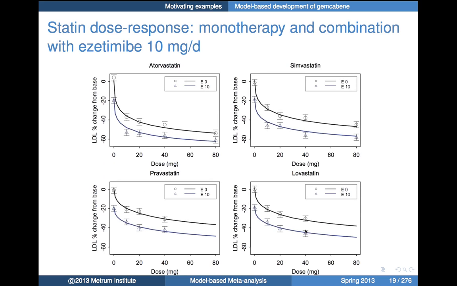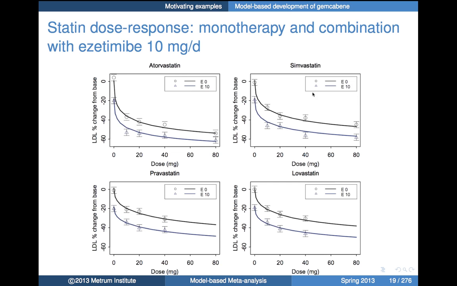Here we're looking at the results of that model-based meta-analysis, looking at statin dose response, and in this case we're looking at statin monotherapy. On the y-axis it's LDL percent change from baseline, x-axis is the statin dose. So for example, in the upper left-hand corner where we've got atorvastatin, the upper curve is the atorvastatin monotherapy, and the lower curve describes the LDL percent change from baseline for atorvastatin plus 10 milligrams of ezetimibe.